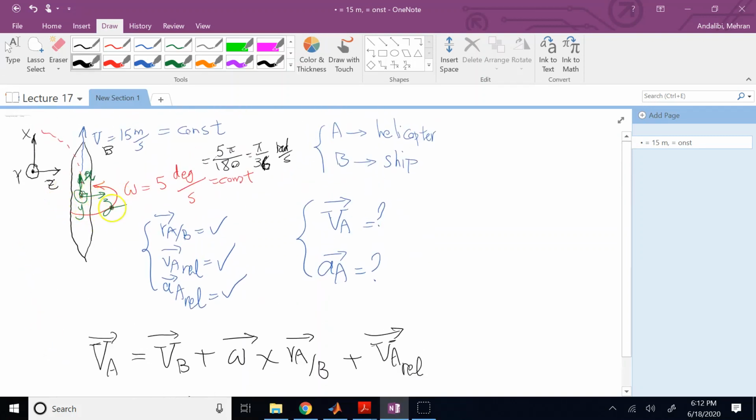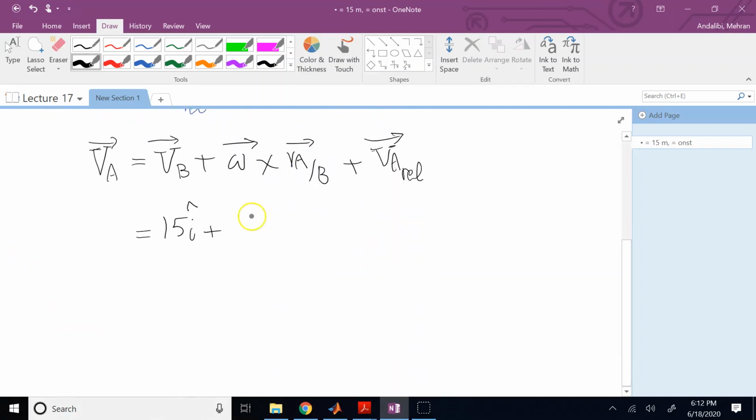And since this omega is clearly about the y-axis, and it's the positive y-axis, it is going to be positive j, so this is pi over 36 j, that is your omega, cross r of a with respect to b, which is given to you directly.